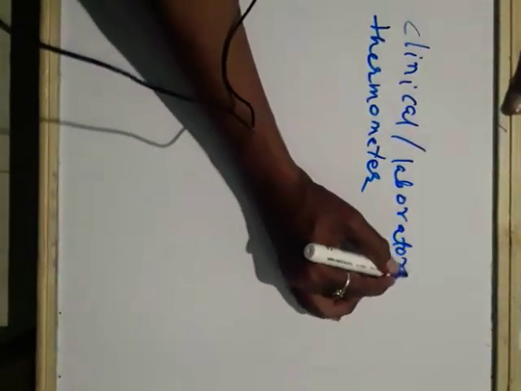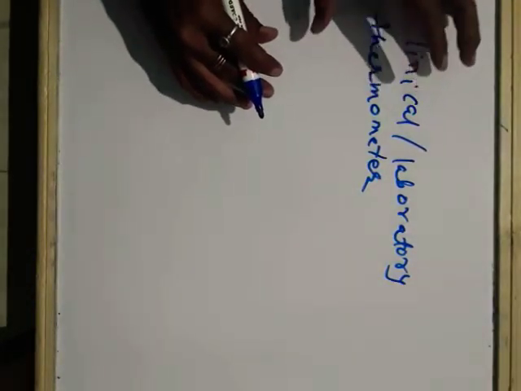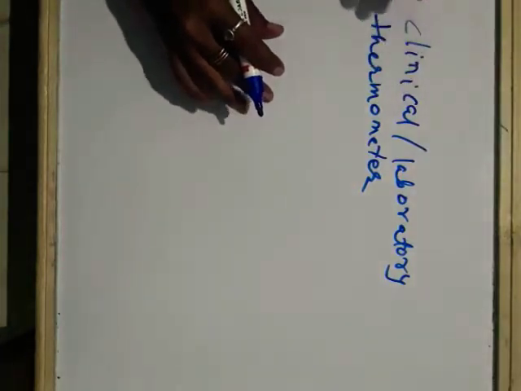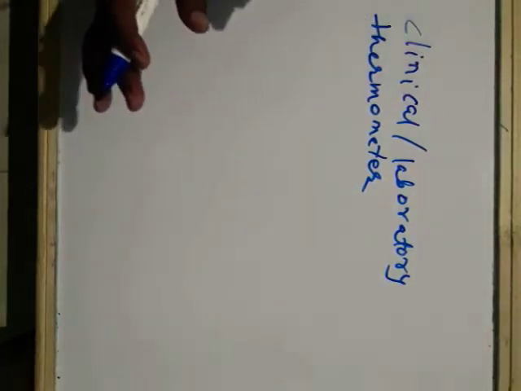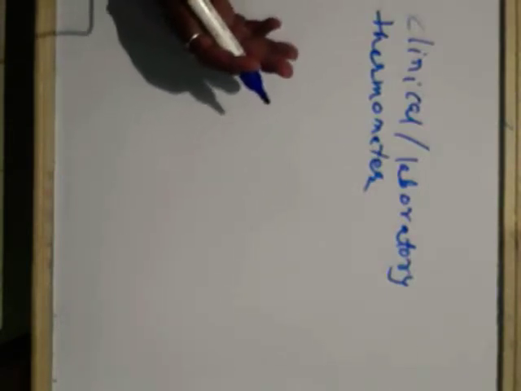These thermometers measure heat, but the clinical thermometer measures only the heat of the human body, whereas the laboratory thermometer can be used to measure the heat of any substance, like liquids, even sometimes solids, mostly liquids.